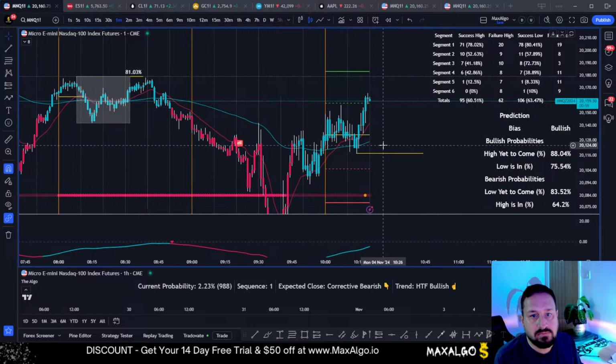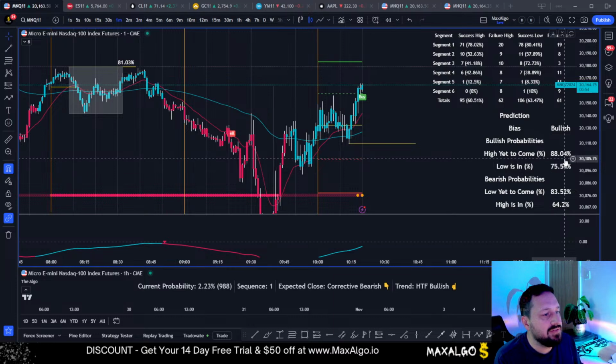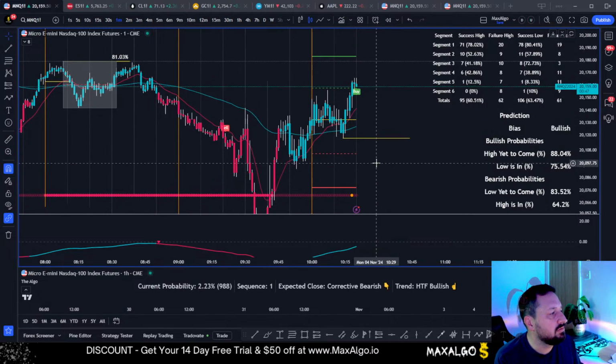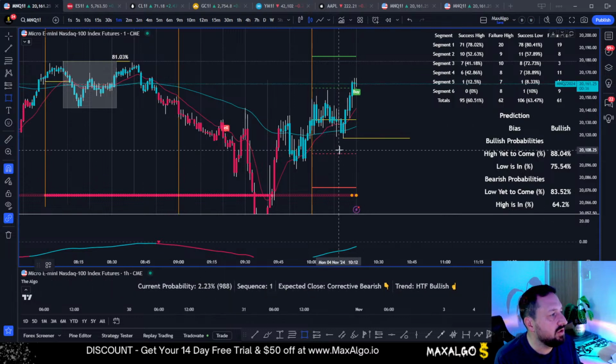We don't need to do that. We still have an 88% probability that we can make a new high. We're corrective bearish. So obviously this has gone into being obviously high probability of closing bullish now.